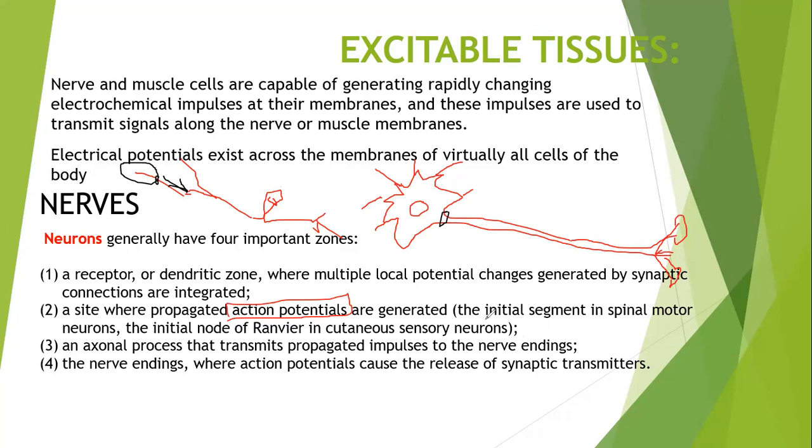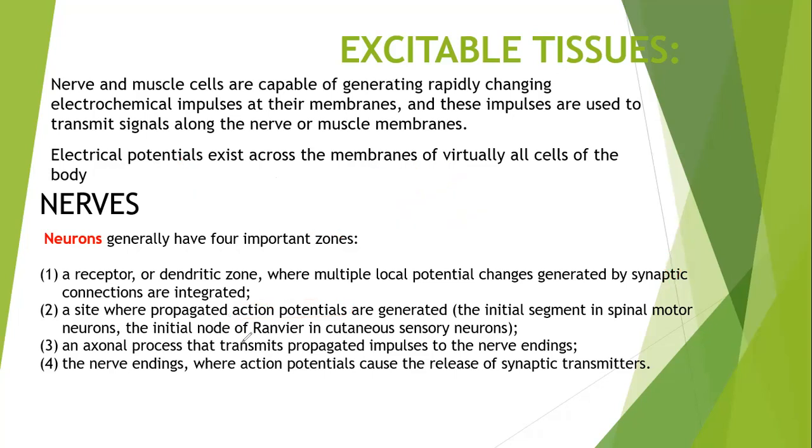You can have the initial segment within the motor neurons, or within the sensory neurons. If we do not have myelination, we still have that section that is capable of initiating an action potential, and this will happen in a non-myelinated neuron. Or you can have that initial segment in a sensory neuron that will initiate an action potential within a sensory neuron.